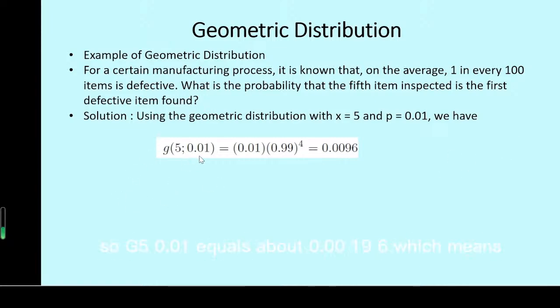So g(5; 0.01) is about 0.0096, which means there is about 0.0096 probability that you will take 5 trials to get the first success in this example.